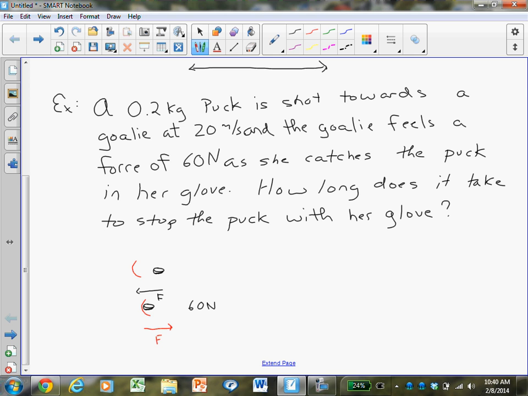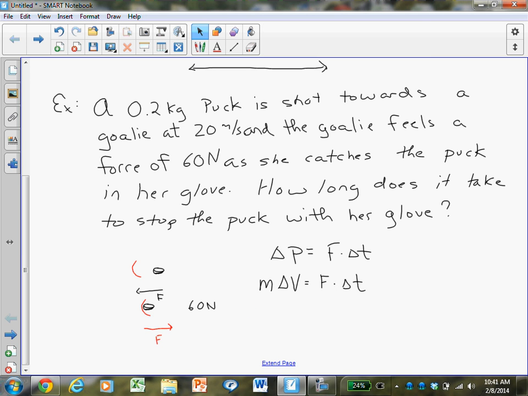And we know our impulse, change in momentum, is force times delta t. And we also know that delta p is m delta v. Okay, so the mass of the puck is 0.2 kilograms, and it's going to a stop, so 20 meters per second is our change in v as we go to 0 for our vf.